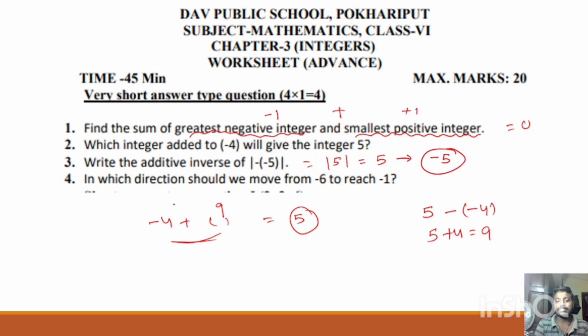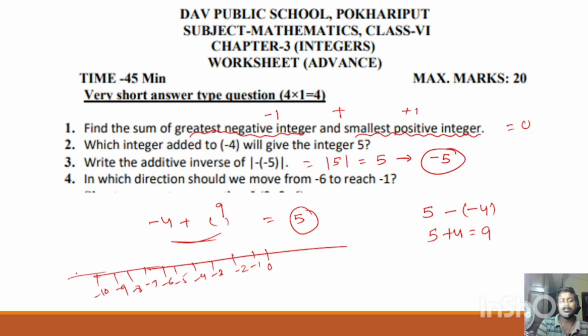In which direction should we move from minus 6 to reach minus 1? Here is 0, minus 1, minus 2, minus 3, minus 4, minus 5, minus 6, then minus 7, minus 8, minus 9, minus 10. Here is 1, 2, 3, and so on.